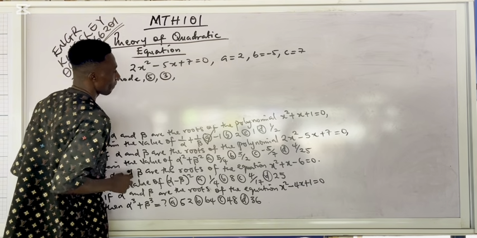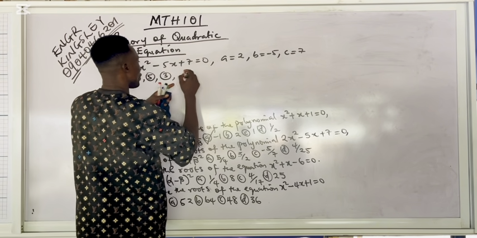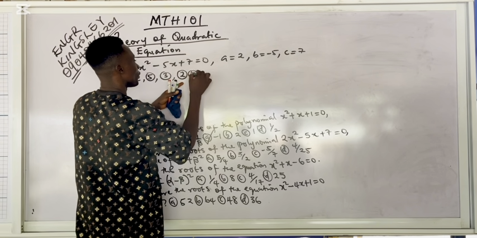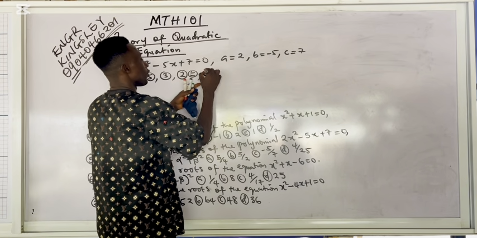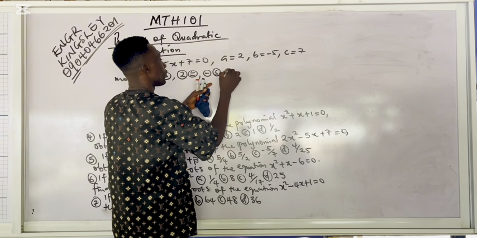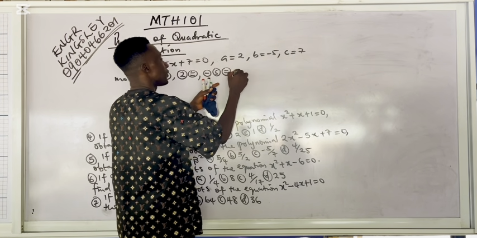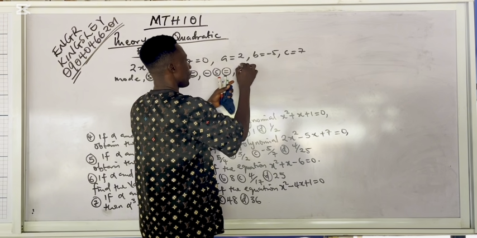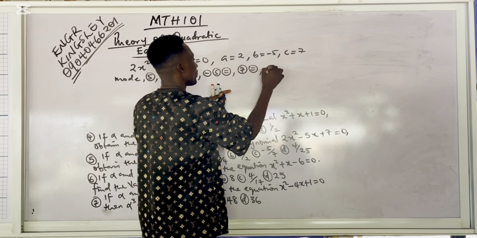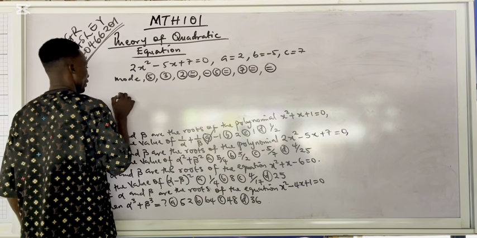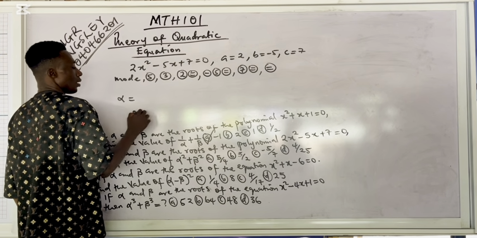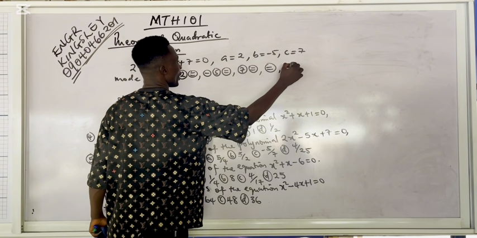3, you press the coefficient of A, 2, you press equal to, you press minus 5, you press equal to, you press 7, you press equal to, you press the final equal to get alpha, and you press another equal to get beta.